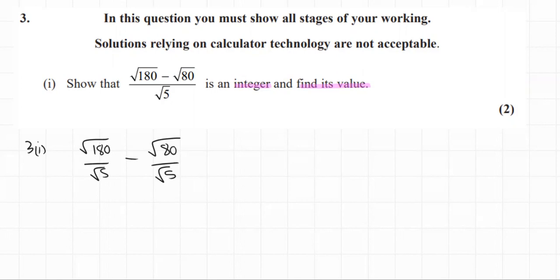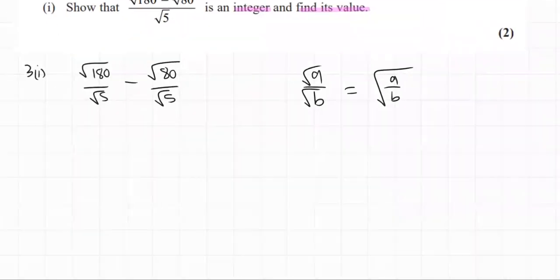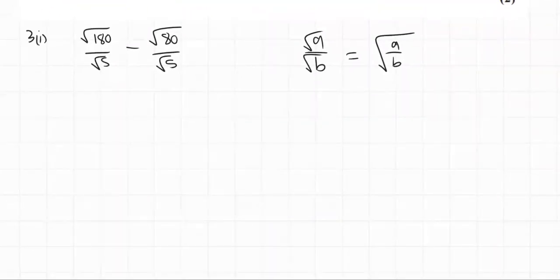And then because of this surd rule, the square root of a over the square root of b is equal to the square root of a over b, we know that this must therefore be equal to 180 over 5 square rooted, minus 80 over 5 square rooted.